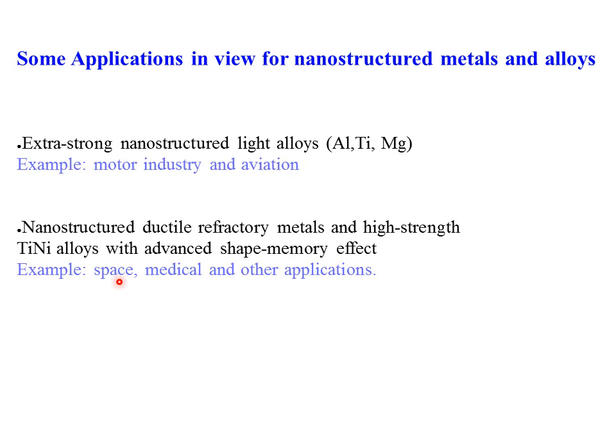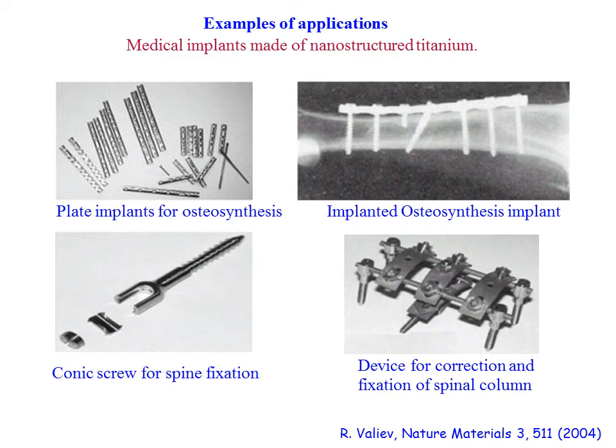It is also much used to obtain refractory metals with higher strength, with advanced shape memory effects, in space and medical applications. For instance, for medical applications, you can have implants here that you can see in a bone. This is an implant for a spine or for a correction of the spine, and these materials need to be light and able to resist deformation.